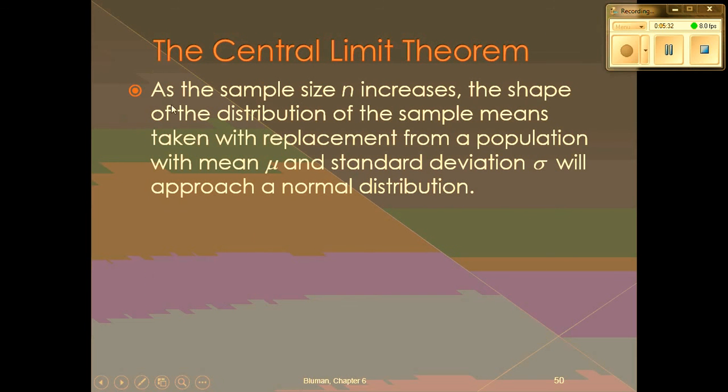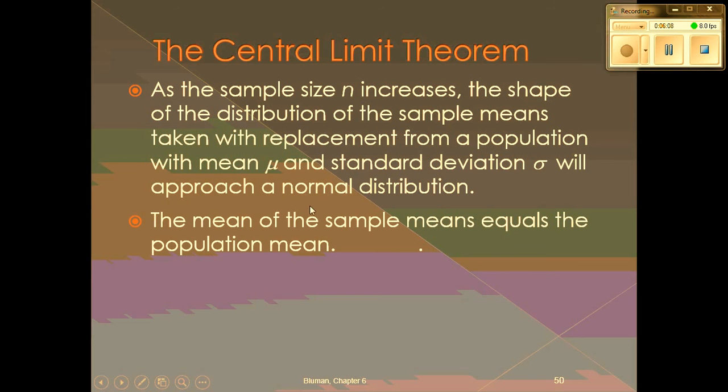So here's your central limit theorem. As the sample size n increases, so what we're talking about, the sample size was me saying we asked 10 students. As that size becomes bigger, the shape of the distribution of those means, taken with replacement, meaning we ask a student and we put them back in and they could possibly be drawn again, with a mean of mu and a standard deviation of sigma, will approach a normal distribution.